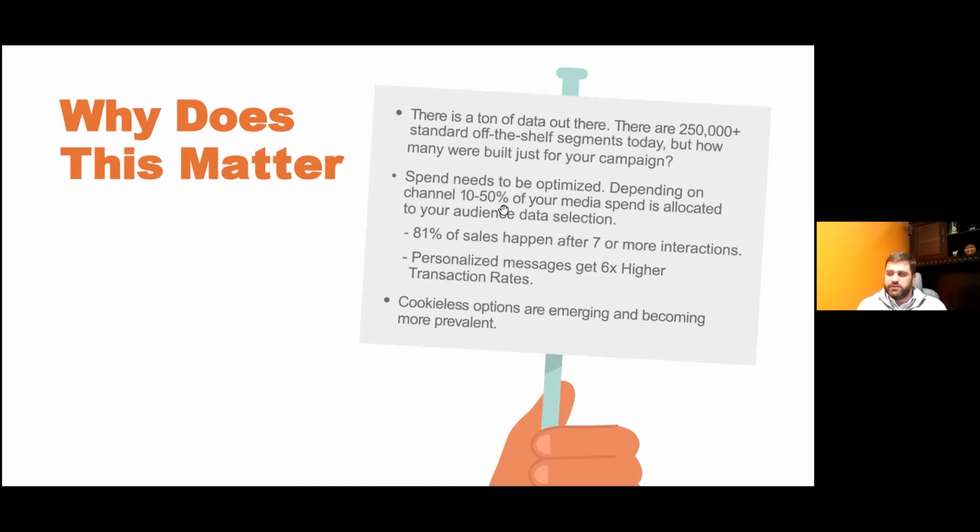One thing that we will also touch on today is cookieless options that are emerging. For the longest time, digital was thought to be cookie-based targeting or retargeting pixels. So there has been quite an evolution since that time, and we will continue to evolve as new identifiers and new channels emerge.